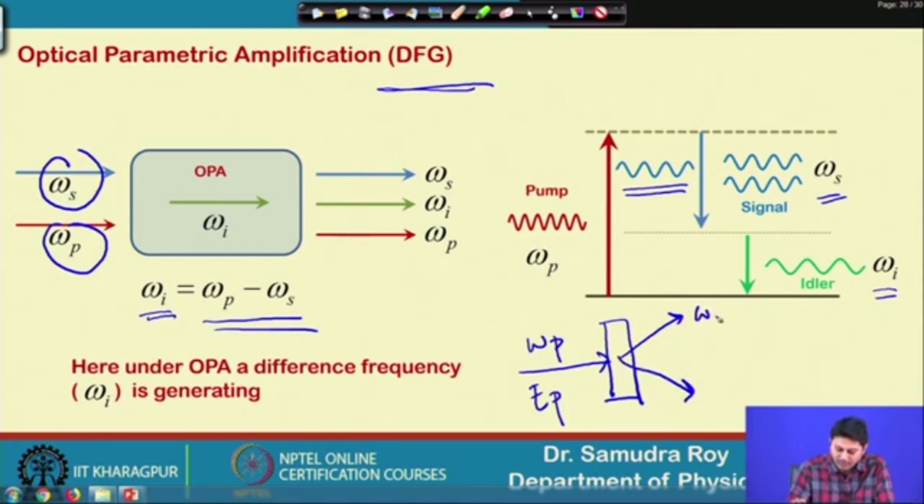One is omega s, or in terms of field Es, and another is omega I, in terms of field Ei.